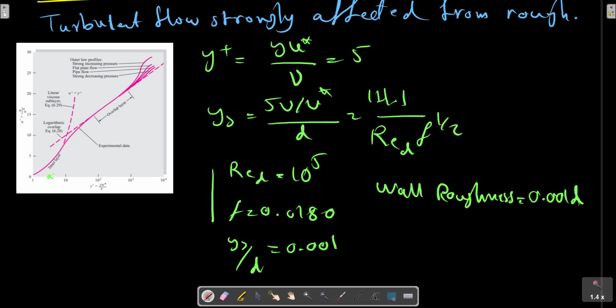Measurement of the velocity function u(y) in turbulent rough wall flow.